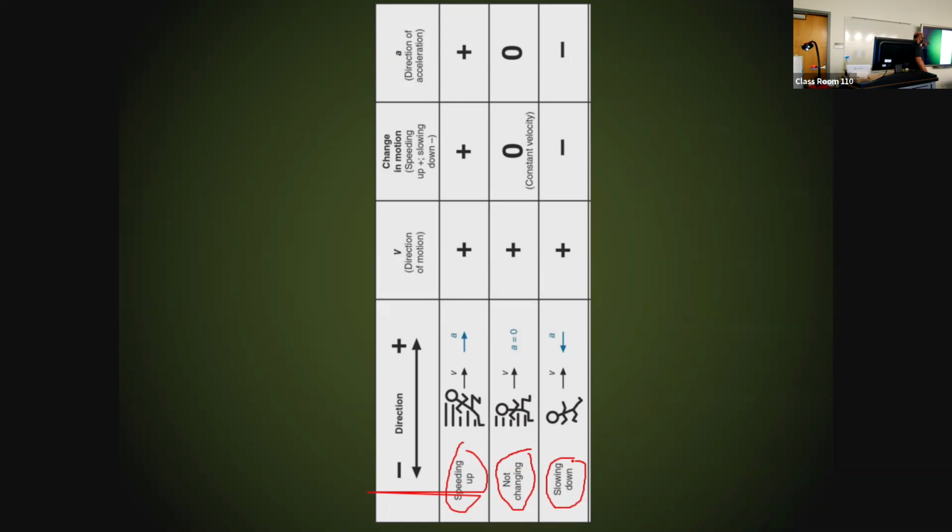We're still moving in a positive direction, upward. Acceleration, though, is now negative. We're slowing down, and our acceleration is moving downward in a negative direction, which we describe as negative because normally we think going up is positive and going down is negative.